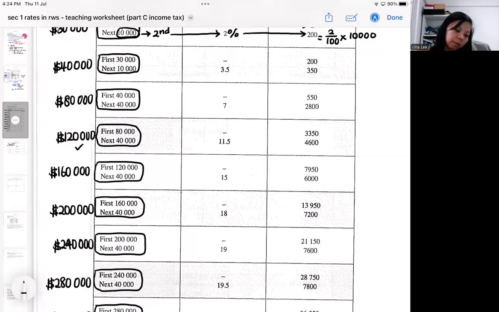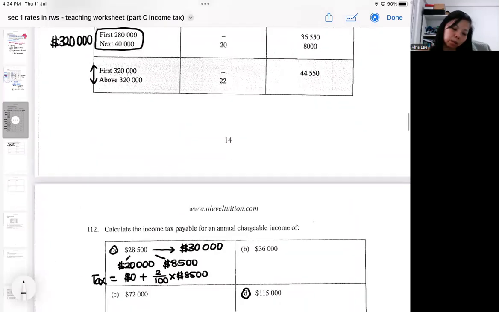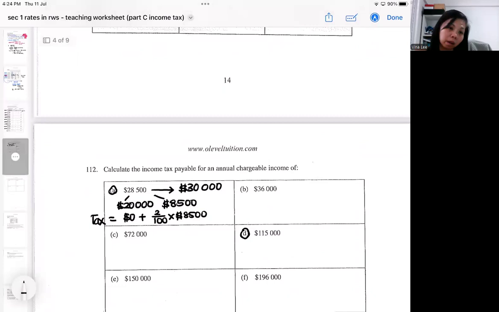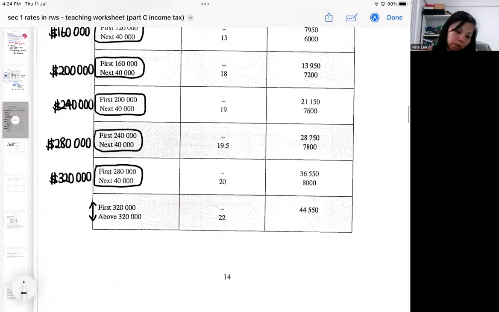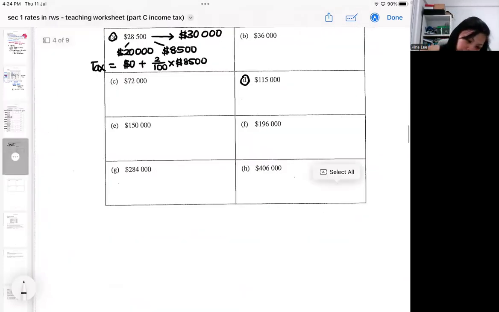So you should choose the amount that is nearest to 115,000. So the first basket is 80,000. Then the second basket is anything that is more than 80,000. So I'm going to split this into 80,000, that's the first basket. For the second basket, you subtract away, you will get 35,000.